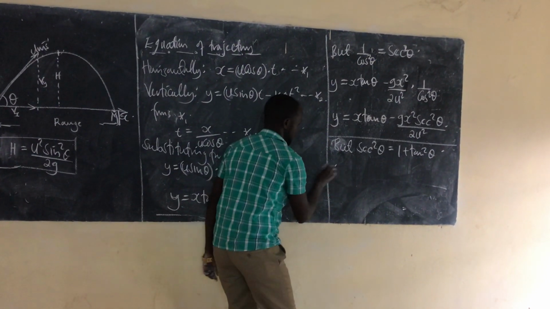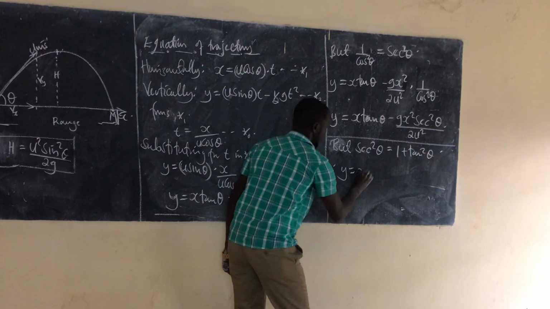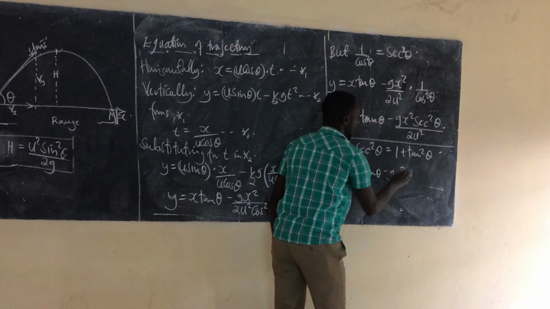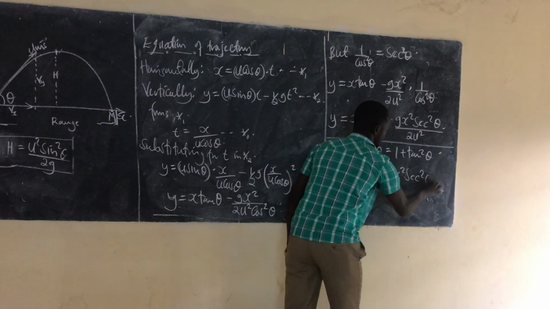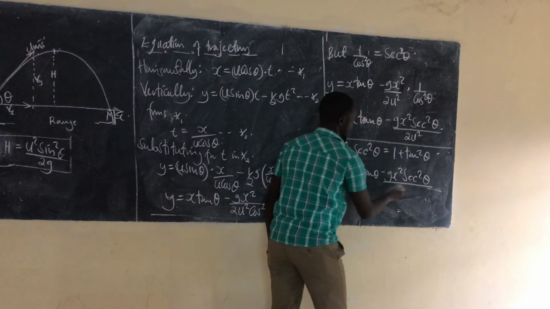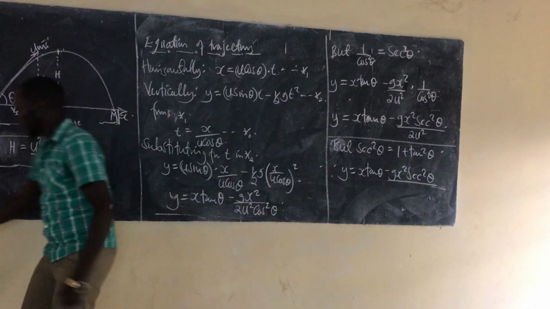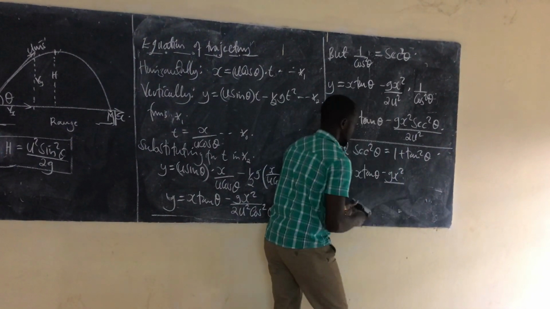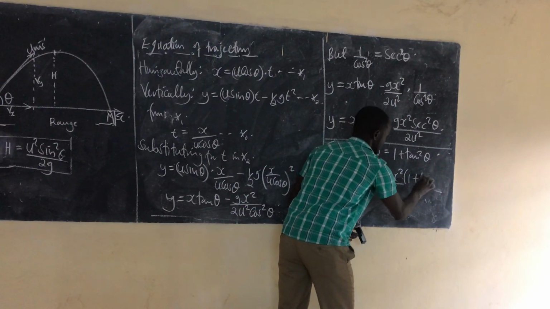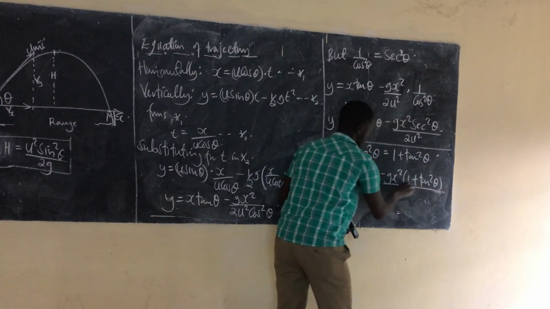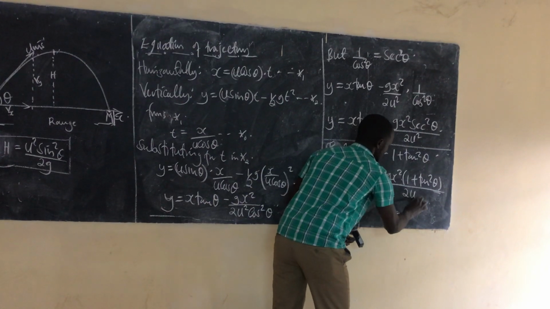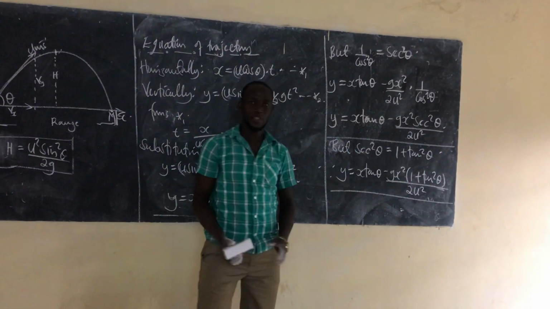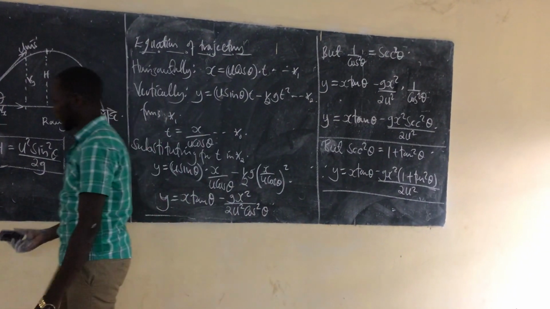So finally, y is equal to x tan theta minus g x squared, substituting for sec squared its equivalent in tan, 1 plus tan squared theta, the whole of it out of 2u squared. What you have here is the equation of trajectory.